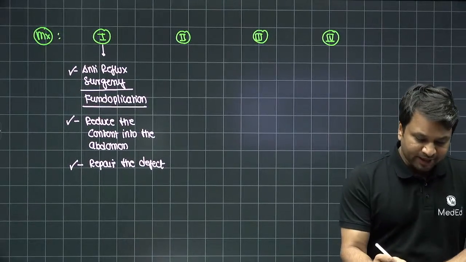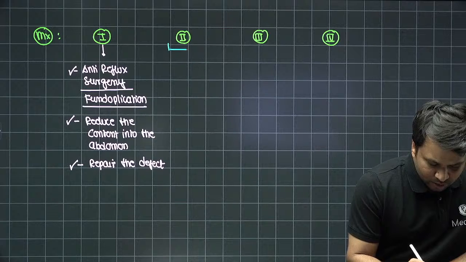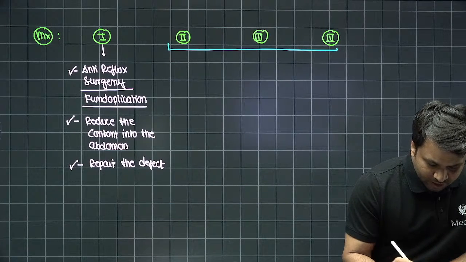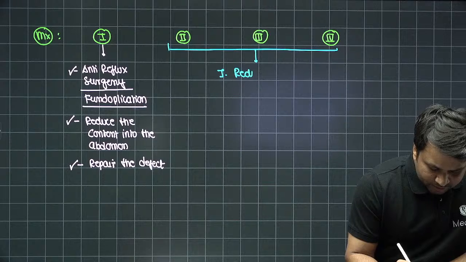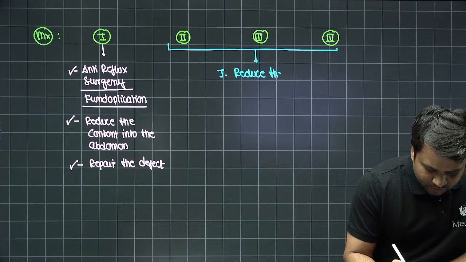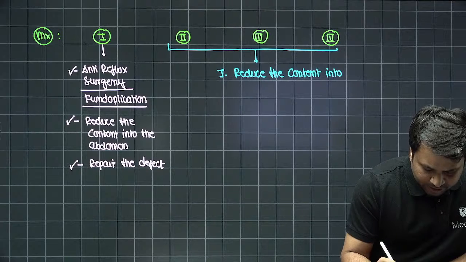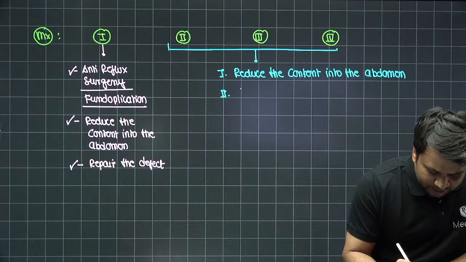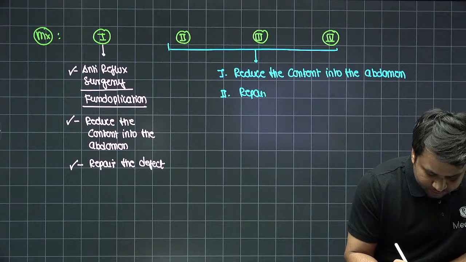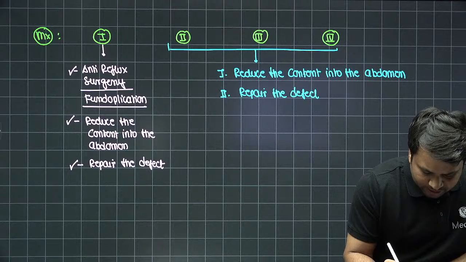The other 3 varieties that you have, when you look at them collectively as the management goal, the first thing that you have to do is to reduce the content into the abdomen. Number 2, repair the defect.